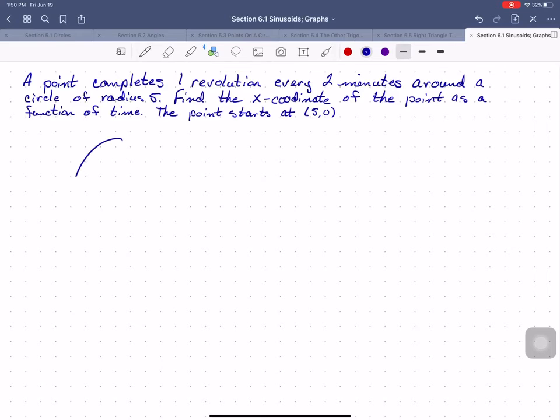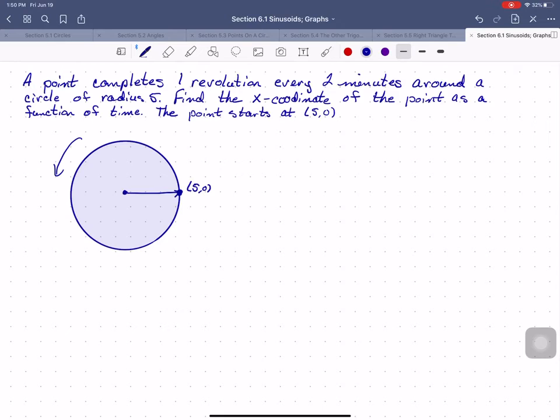So I've got a circle, and it's got radius 5. And I'm talking about this point right here. It starts here, and we rotate my circle around. Now, here's what I know. I know that the thing makes 1 revolution every 2 minutes.